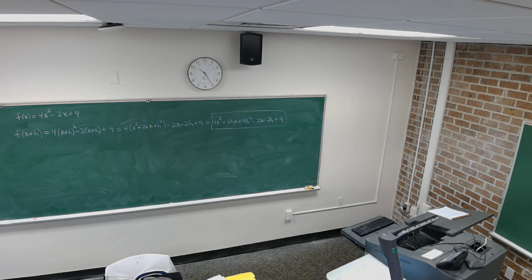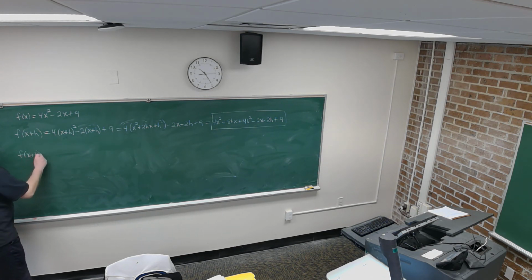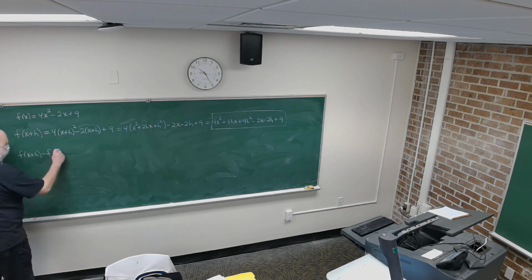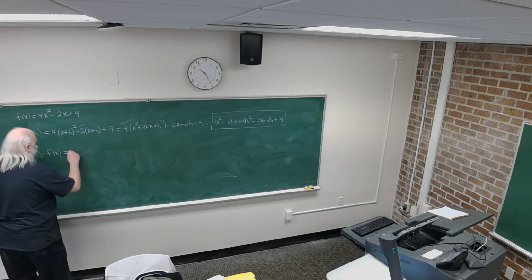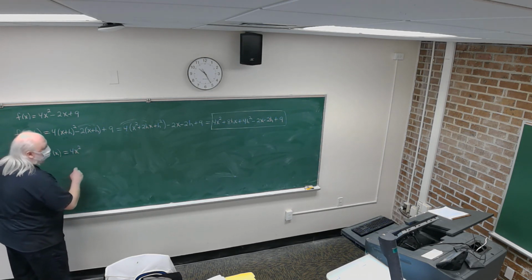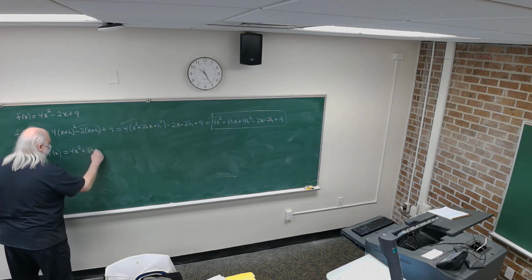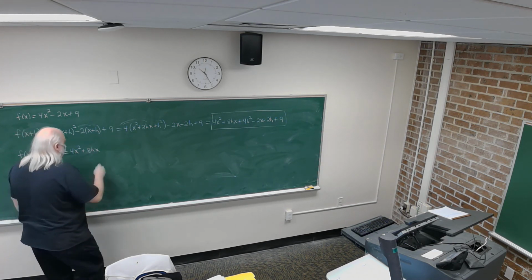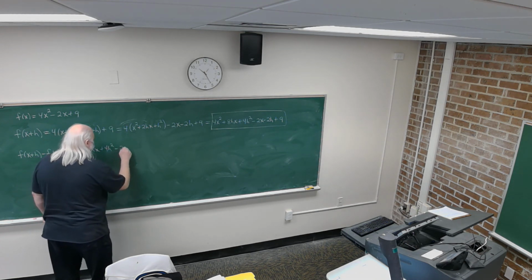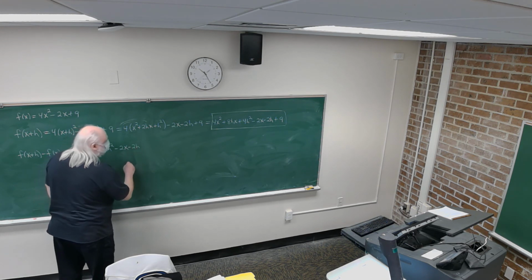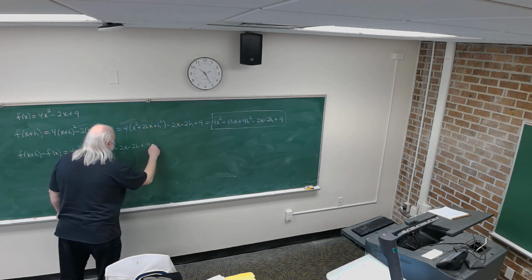Okay. Alrighty? So now the next step in B, we have to subtract from f of x plus h, f of x. And so we have all that in a rectangle, 4x squared plus 8hx plus 4h squared minus 2x minus 2h plus 9.